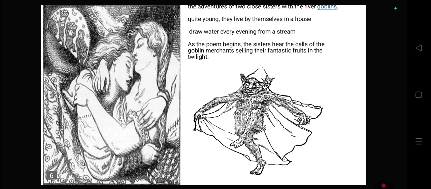You should not even sleep or eat. That is not understood as a very good timing. So here, at the time of twilight, we have goblin merchants selling their fruits, and which kind of fruits? Fantastic fruits. This fantastic suggests how by eating them one may go into fantasy.